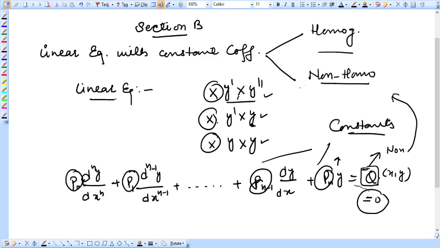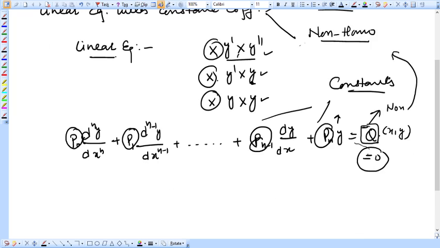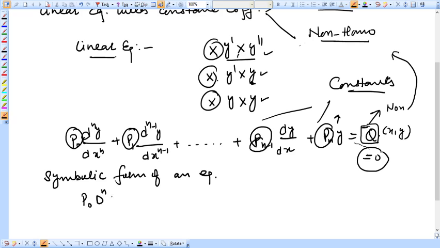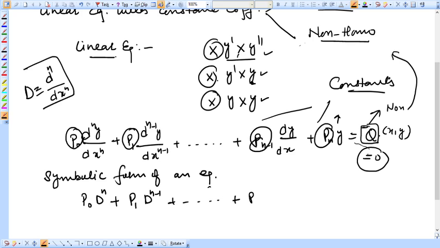Now, the symbolic form of the equation. This equation can also be written as (p naught D^n + p1 D^(n-1) + so on + p n) y equals q.